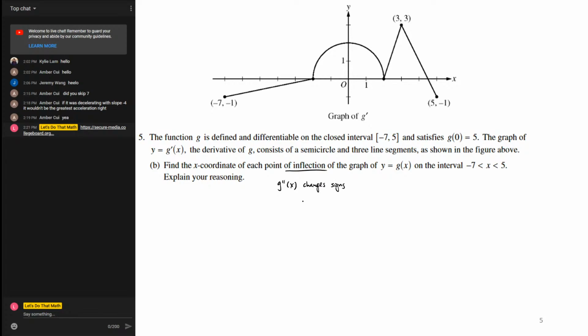It's not enough for the second derivative just to be equal to 0. It has to be 0 and change from negative to positive or positive to negative. We're given a graph of the first derivative, so the second derivative is really just the first derivative of what we're given, g prime of x.